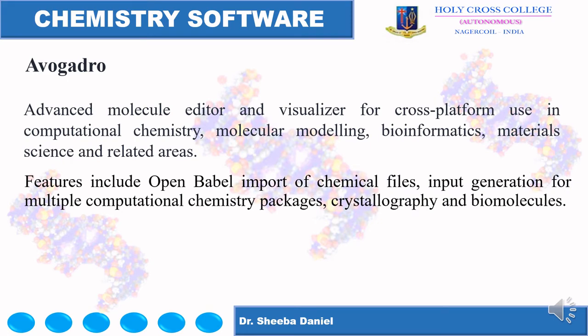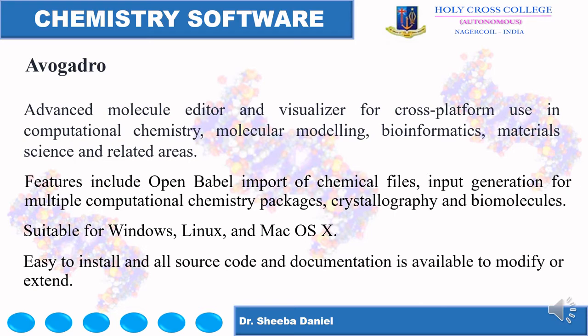The main features of Avogadro software include open table import of chemical files, input generation for multiple computational chemistry packages, crystallography and biomolecules. And it is suitable for Windows, Linux and Mac OS X. And it is easy to install and all source code and documentation is available to modify or extend. That means it is free and open source.